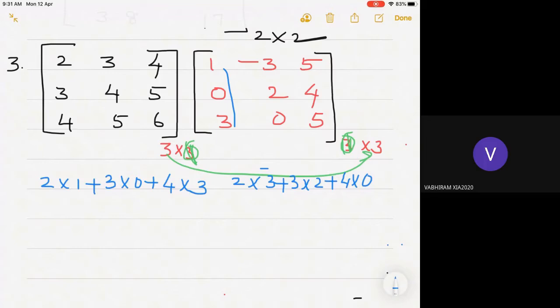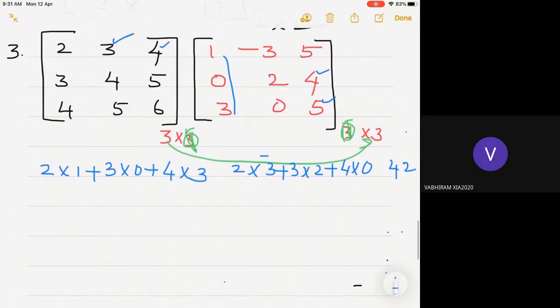Then one more is there. That is the third column. What will the answer for the third column be? 2 into 5. That is 10 plus 3 into 4, 12. 12 plus 10, 22. 22 plus 20. That is 42. Right? Correct?